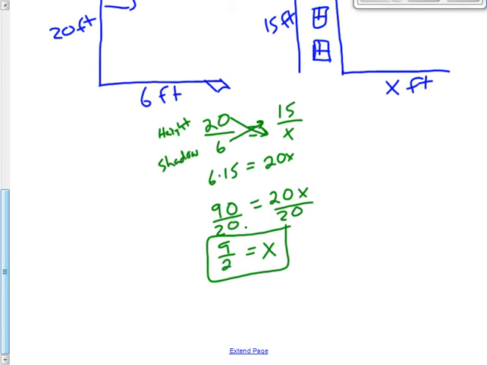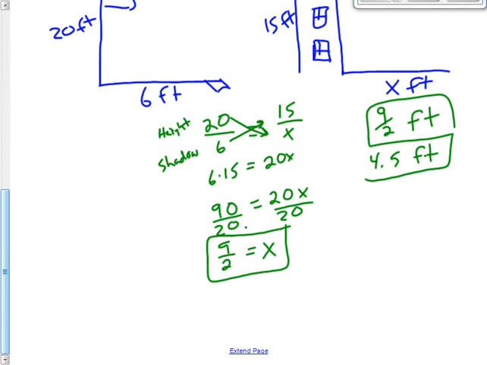The building is 15 feet. It has a 9 halves foot shadow. So this is 9 halves feet. If you do 9 divided by 2, this is 4.5 feet. So either this is fine, maybe 4.5 feet makes a little bit more sense to you. But either one of them is okay.